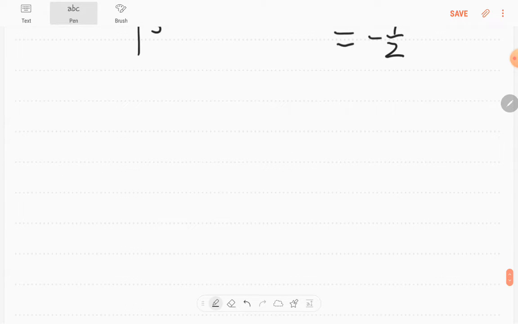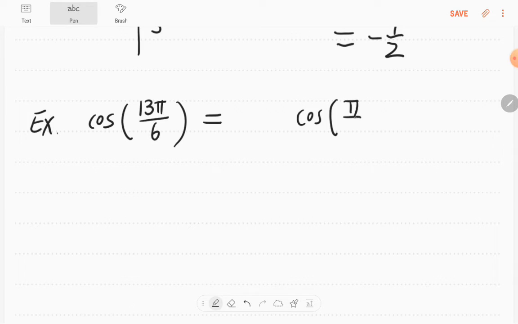So now let's look at this example. Cosine of 13 pi over 6. So we know it must be equal to cosine of the reference angle, which is pi over 6.